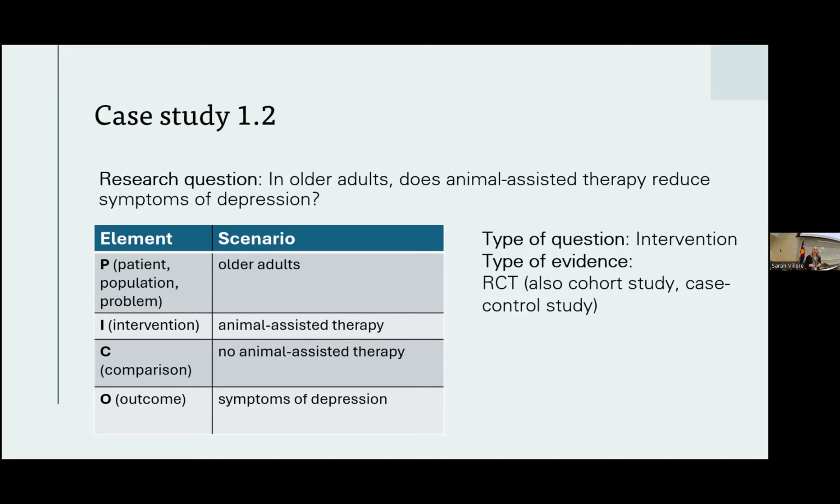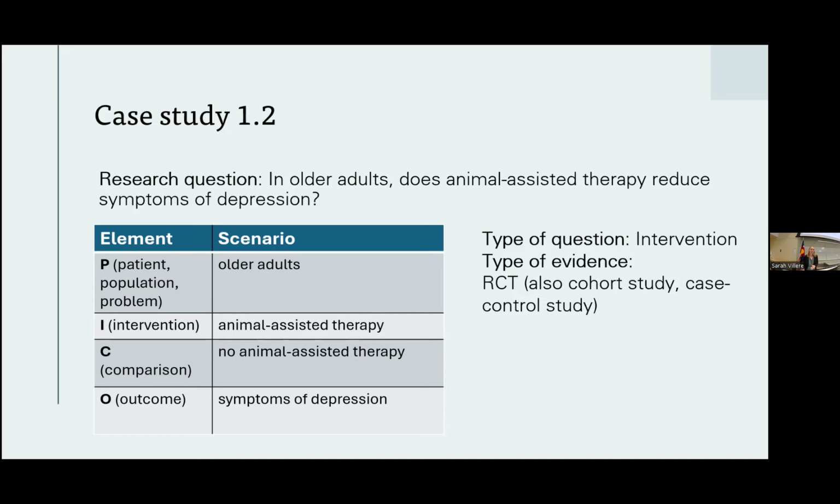But also there may be relevant articles that talk about how animal-assisted therapy maybe increases symptoms of depression or worsens symptoms of depression. And that's still relevant to our question. We would still want to know that, and so we want to be able to find that research too. So focusing only on the nouns for your PICO concepts helps avoid that.